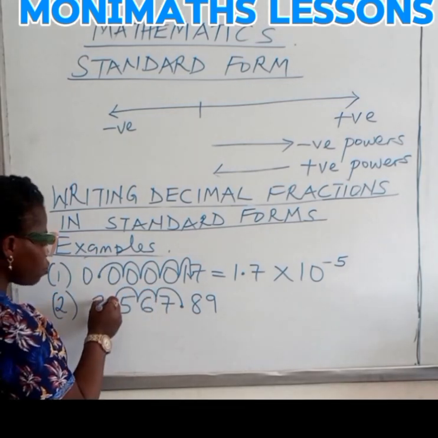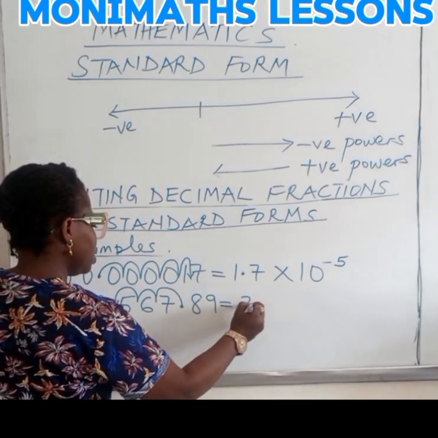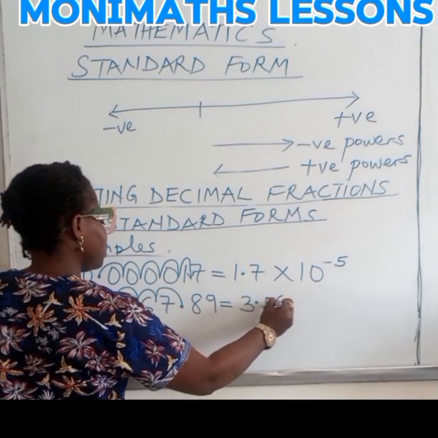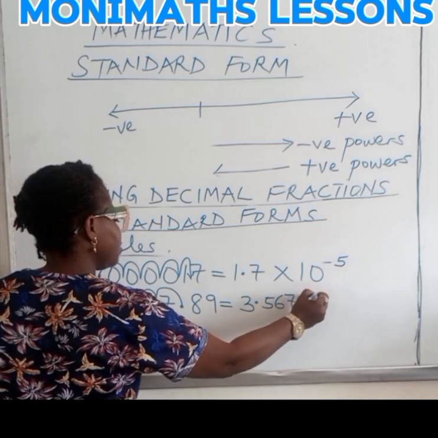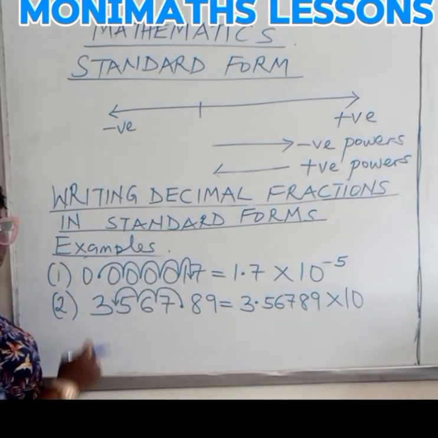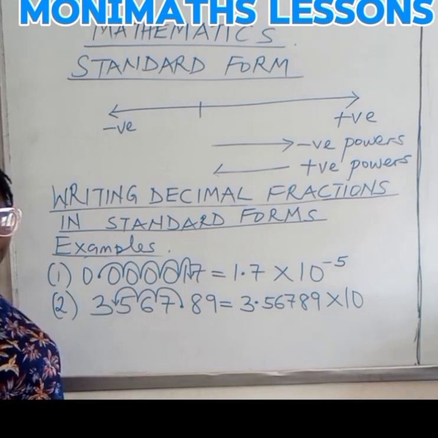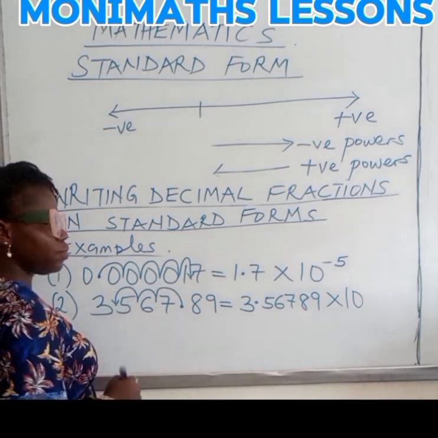Now that we have moved towards the left 3 times, we can say that we have 3.56789 times 10 raised to power. We move towards the left, towards the negative. So our power is going to be positive 3.